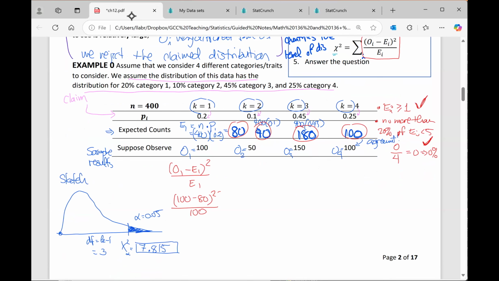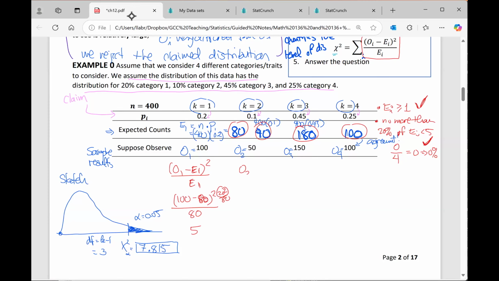On top, you'll get 20, so that'll be 20 squared divided by 80. 20 squared is 400. The bottom should be E1, so if E1 is 80, the bottom should be 80. Those should always match. So that'll be 400 over 80, which gives me 5. So the level of disagreement in category 1 between the observed and expected gives a value of 5.